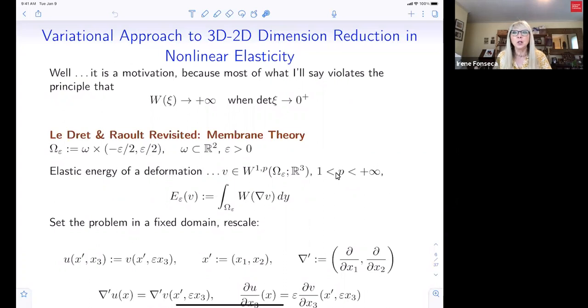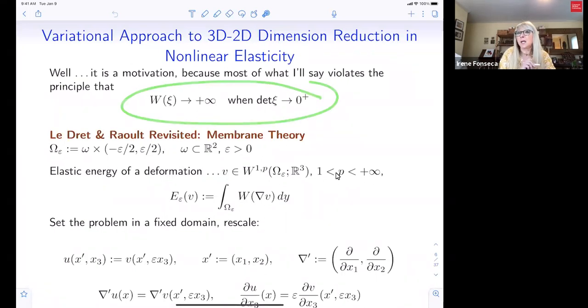So in particular, you cannot allow for, say, polynomial growth of your energy, because it fails. A lot of what I'm going to say uses this. There will be one part where we'll actually be genuinely working on elasticity, but that will be basically at the end of my talk. But anyway, most of what I'm going to say violates this.